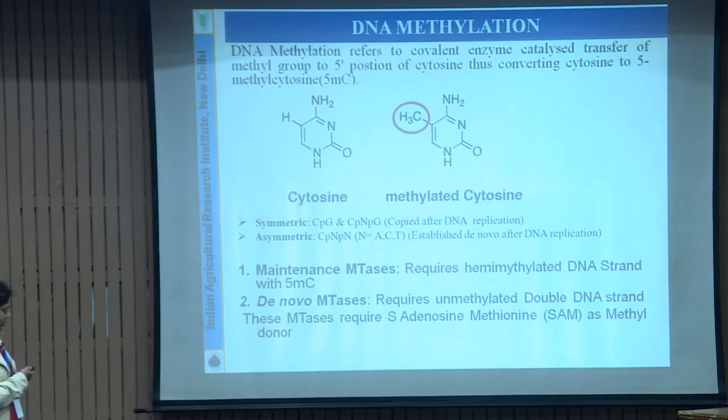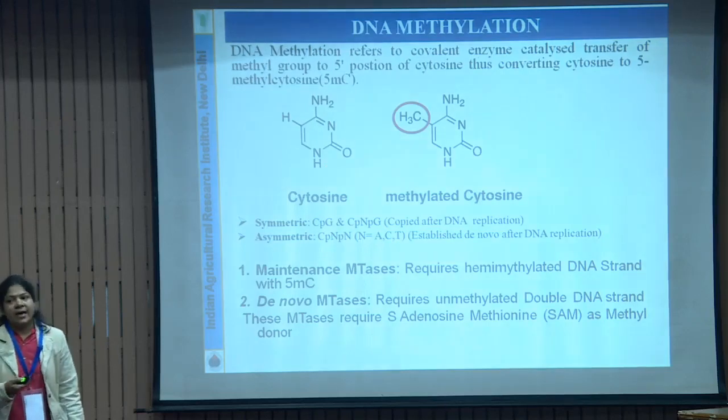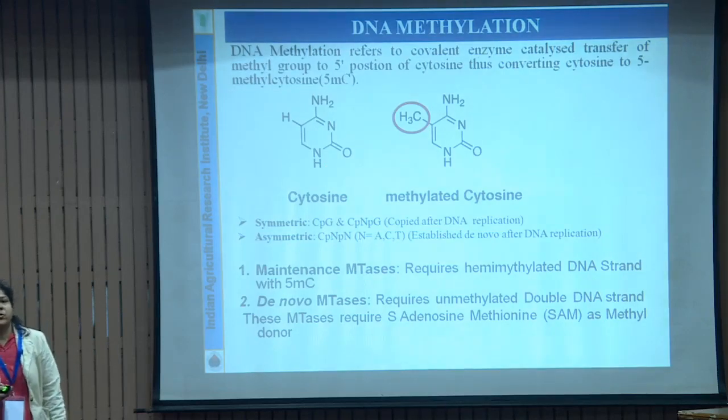DNA methylation always happens at the cytosine, at the fifth carbon position of this cytosine nucleotide. So it is normally called methylated cytosine. When DNA methylation happens, cytosine molecules at their fifth carbon position methylate, that is, a methyl group is added to cytosine so that 5-methyl cytosine is produced.